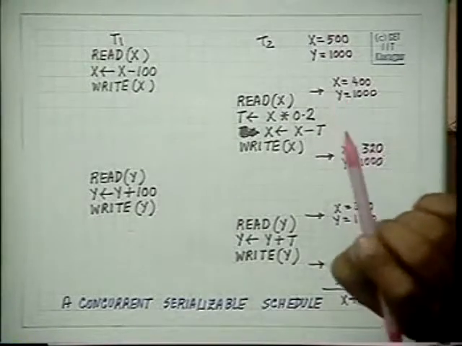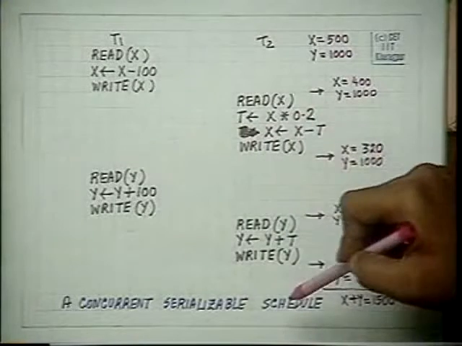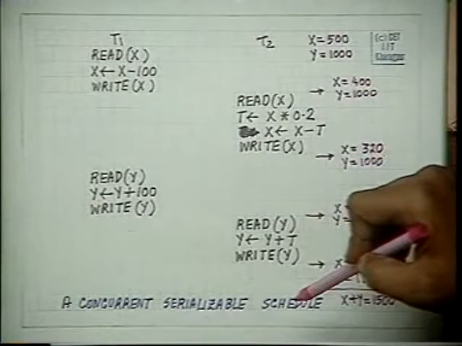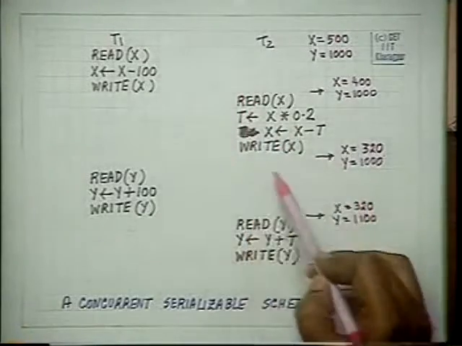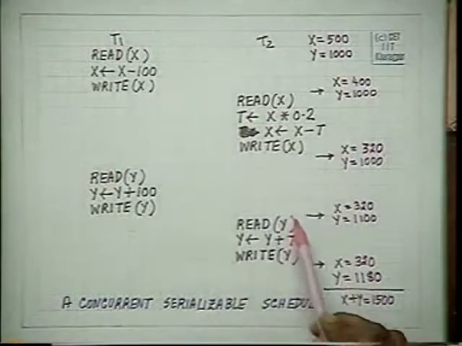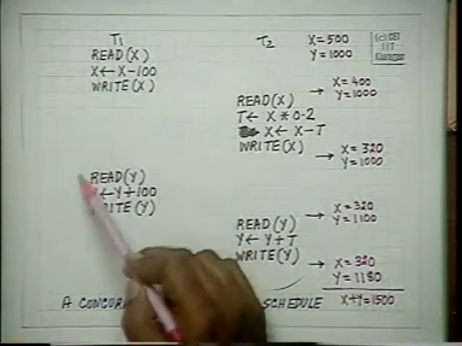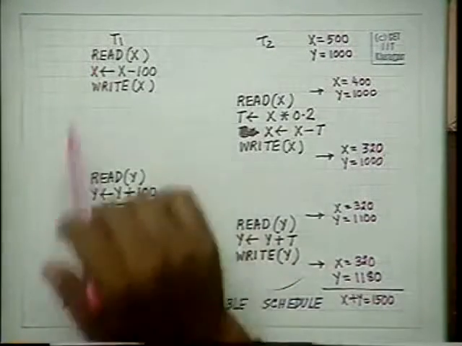So now we come to the exact output, and the output that you get here is equivalent to executing T1 followed by T2. It is not the same as executing T2 followed by T1. On the other hand, if this part was done first, this part second, this part third, and this part fourth, that would also be a concurrent schedule equivalent to T2 followed by T1.